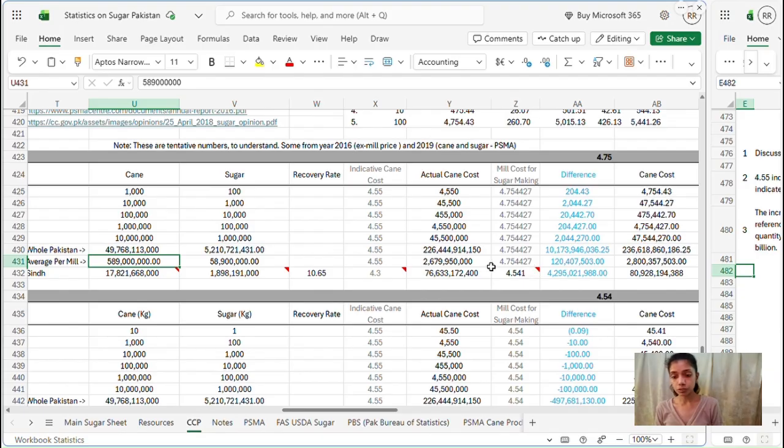But when the sugar is made from this purchase of cane in this quantity, the actual difference turns out to be 120 million rupees, which makes 4.75 the price per kg of cane instead of 4.55. Now how this price came here, this one.